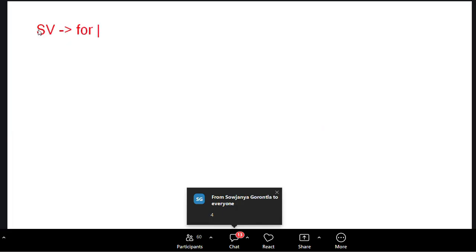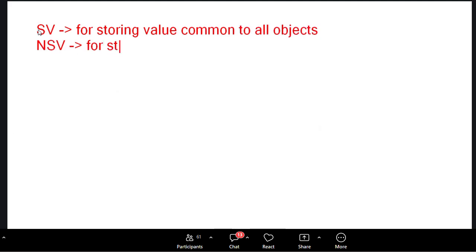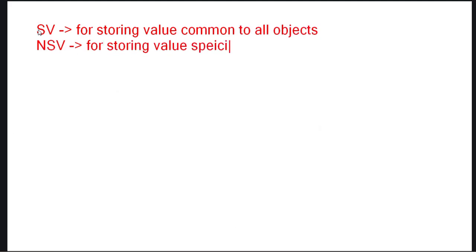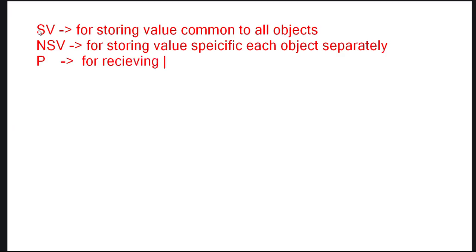4 variables we have. Number one, static variable for storing value common to all objects. Non-static variable for storing value specific to each object separately. Then parameter: don't call it a variable, you should call it a parameter, for receiving a value as input for executing this method.